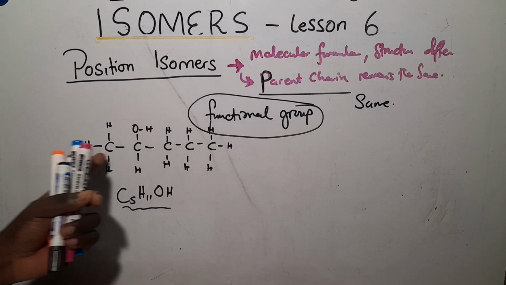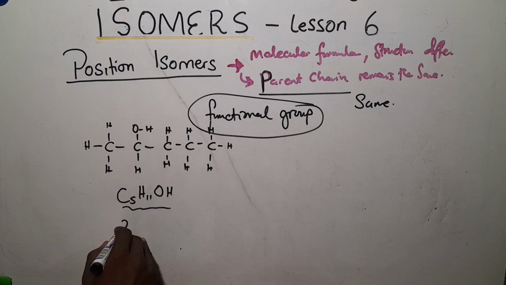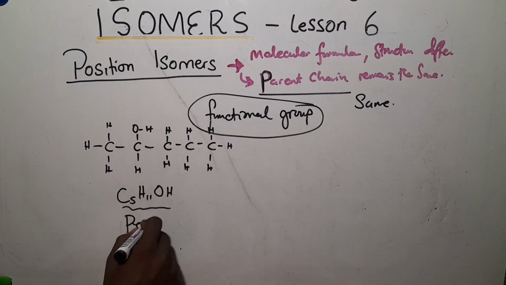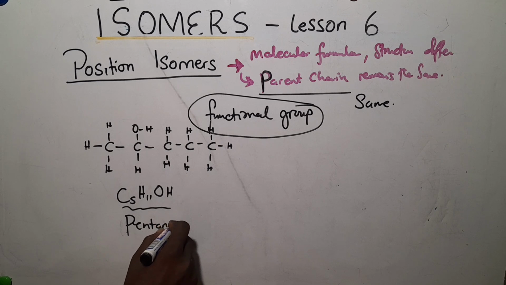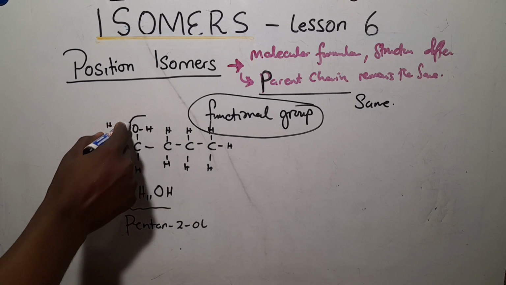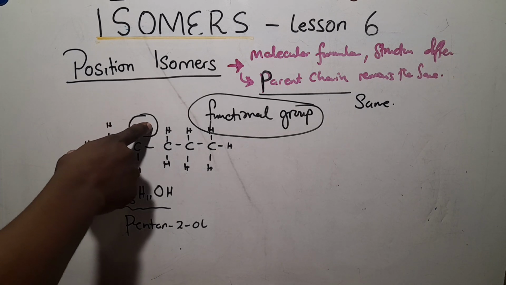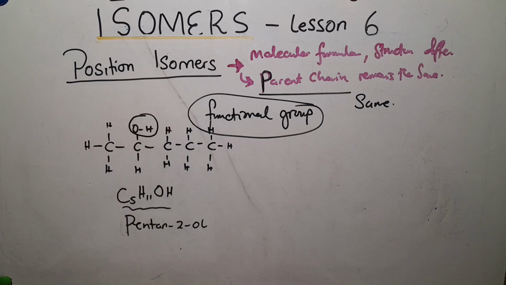But what is the name of this now? The name of this is pentan-2-ol, right? Because this functional group is on carbon number 2. But can you notice what can happen with this? This can move there, it can also move there, right?